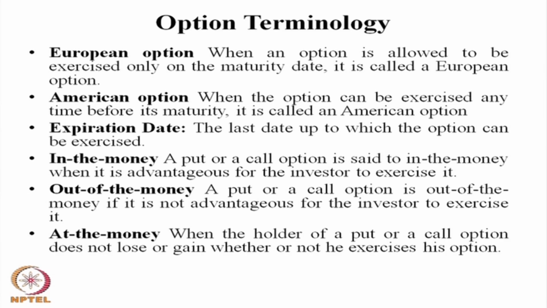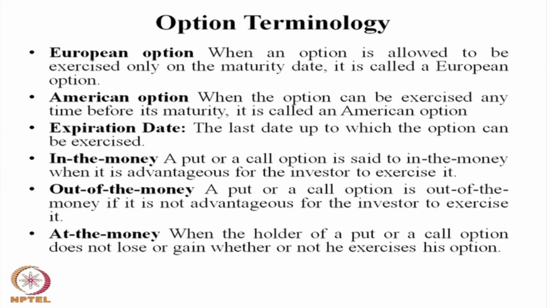In the money means the options buyer, whether he has purchased a put option or call option, is in profit so long as it is advantageous for him to exercise the option.